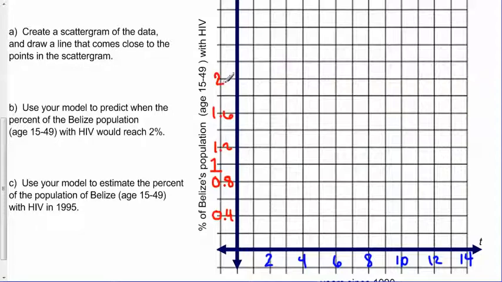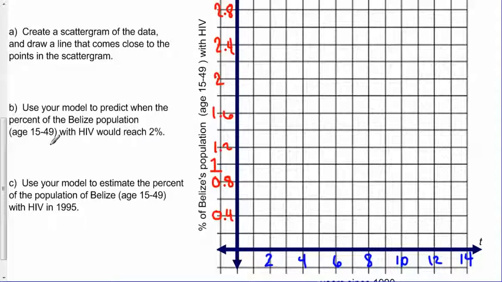Here's going to be 2. Here would be 2.2, here would be 2.4, 2.6, and 2.8. So there's our scale. Again, the scale with the decimal numbers could be a little bit dicey, but just trust that you can get that if you take your time with it and think the problem through.